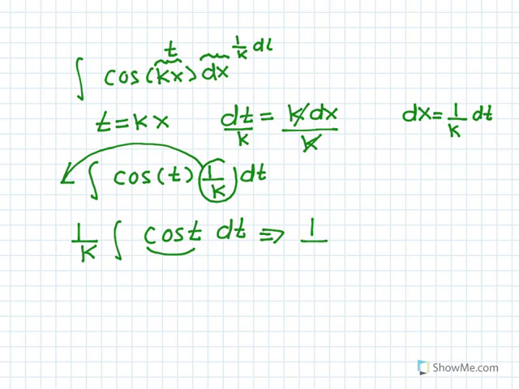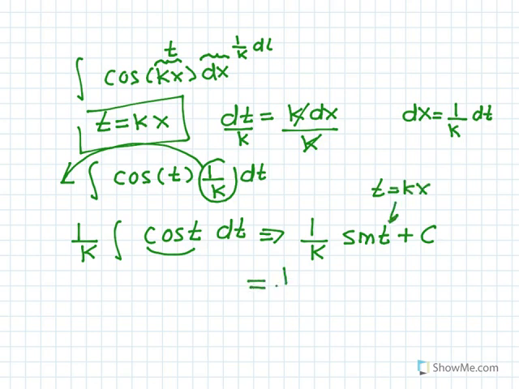That's going to be sine. So 1 over k sine t plus c. We substitute t back in. t is equal to kx. And we get 1 over k sine of kx plus c. So that's the substitution that we were doing in the question, but we kind of did a shortcut because it was easy. We were able to do that mentally in our head. All right, thanks.